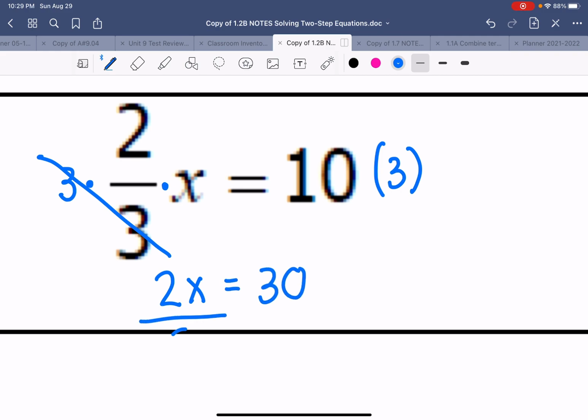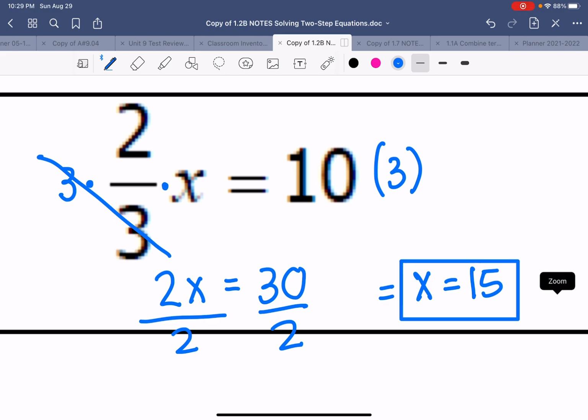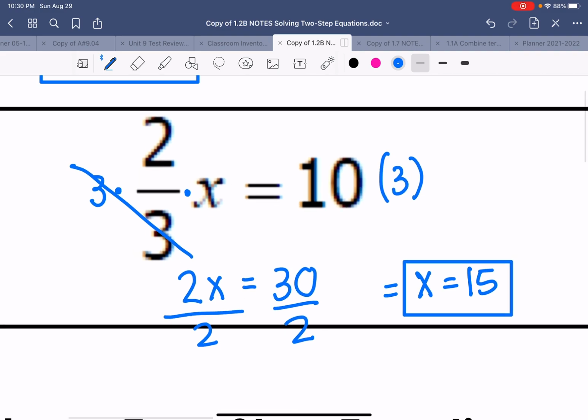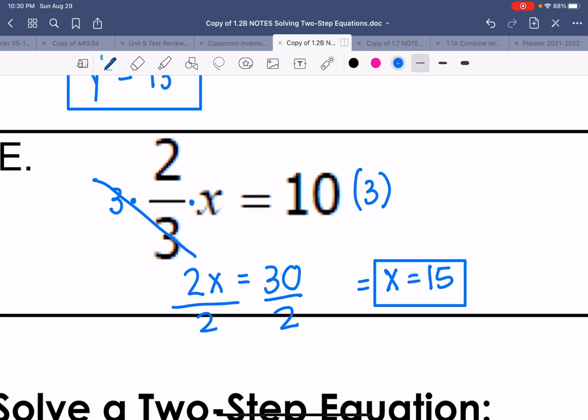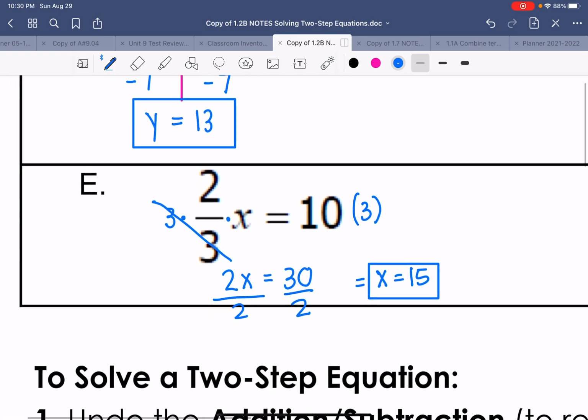And then I divide by 2, which still gets me x equals 15. So do whatever makes sense to you. I like the dividing thing because it keeps it consistent. If the multiplication happens to the x, I divide whatever's in front of it off. And that's something you can plug into your calculator.